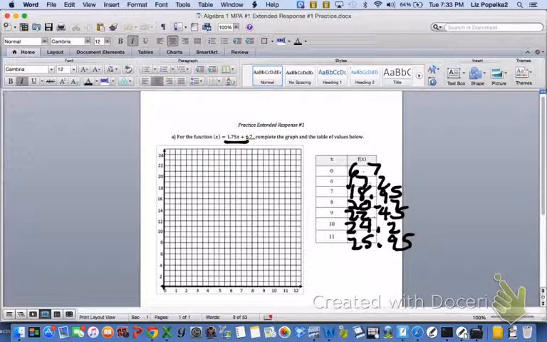function. So 0, 6.7 is going to be my y-intercept. And of course, this isn't going to be exact with all these messy decimals, but it's going to be somewhere around there. A little bit in between the 6 and the 7. 6, 17.2, I need to go over 6, and then up as close to 17.2 as I can.